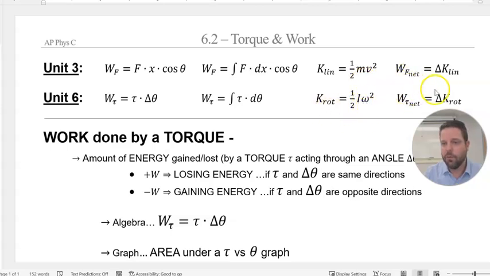So we would also have work energy theorem where we know that the work done by the net force, which always is going to cause speeding up or slowing down, assuming that the force is parallel to the displacement, that would mean that it's always going to, the work done by the net force, go into the change in kinetic energy translational. That's work energy theorem. So we have then that same equivalent for torque. The work done by the net torque is always going to be set equal to the change in the rotational kinetic energy.